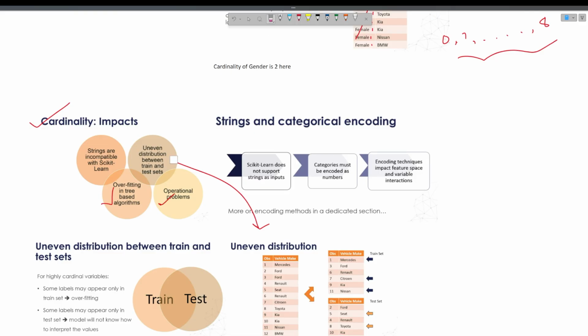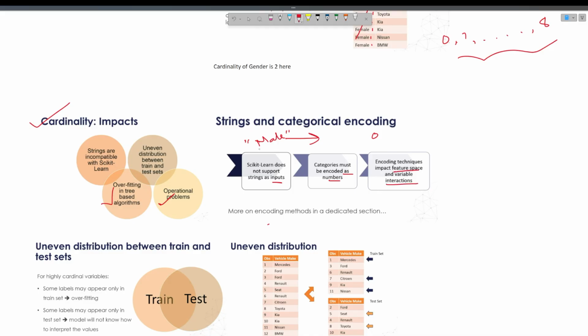Now let's talk about strings and categorical encoding. Scikit-learn does not support strings as input, for example male as gender. Categories must be encoded as numbers, so we can encode male as 0 and female as 1. Encoding techniques impact feature space and variable interactions.